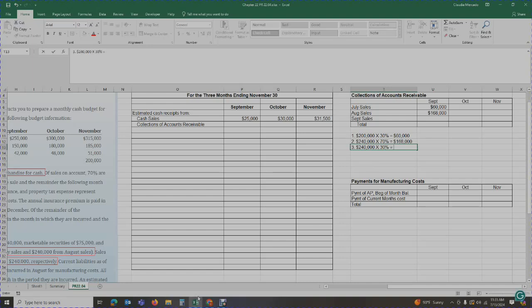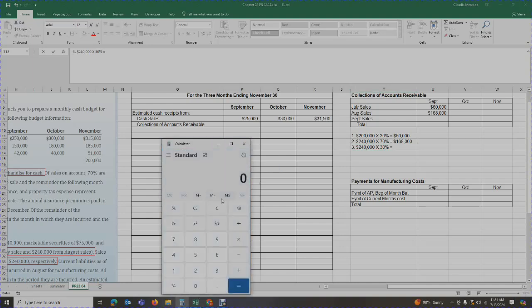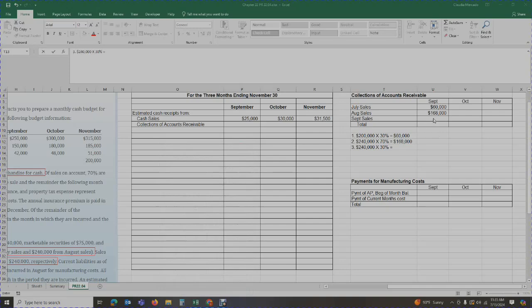So remember, 70% is collected the month after the sale, and then 30% is collected the second month after the sale. So we are going to get our calculators. We've got sales of $240,000 in August times 30%. That's going to give me $72,000 that is going to be collected in October, for my August sales.